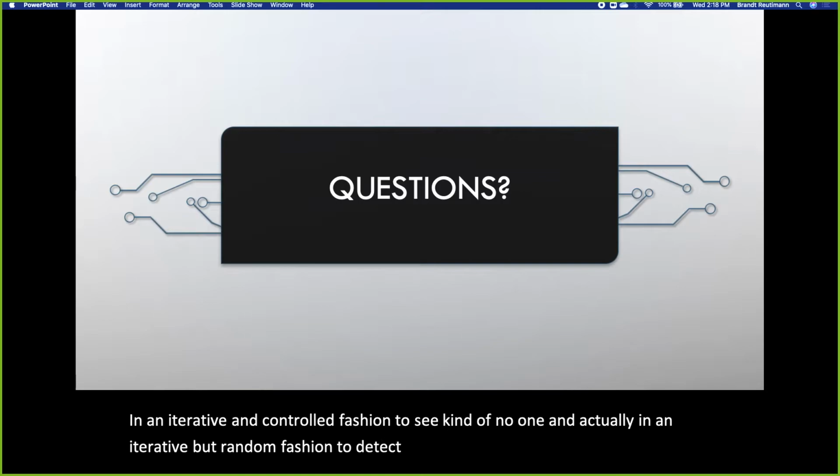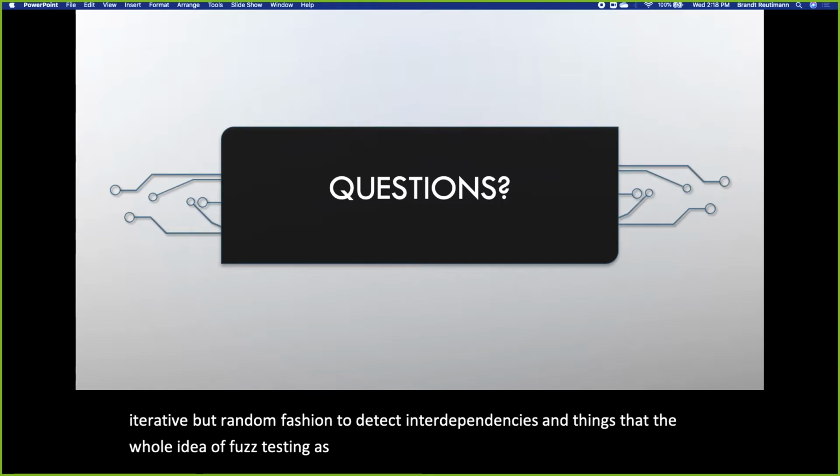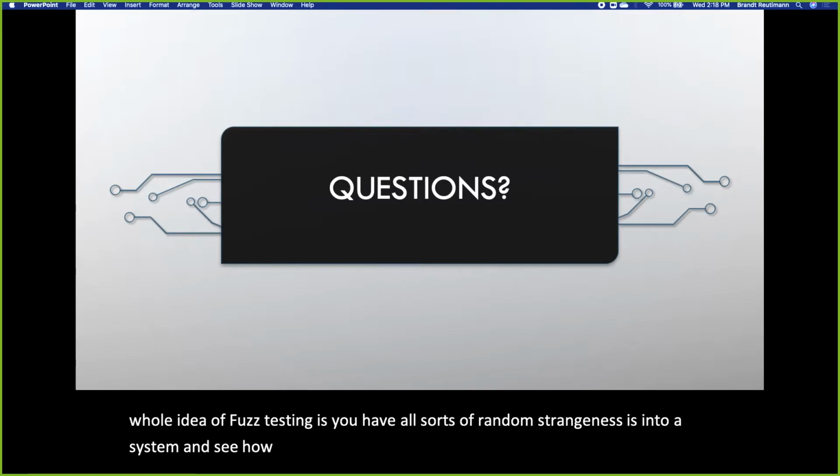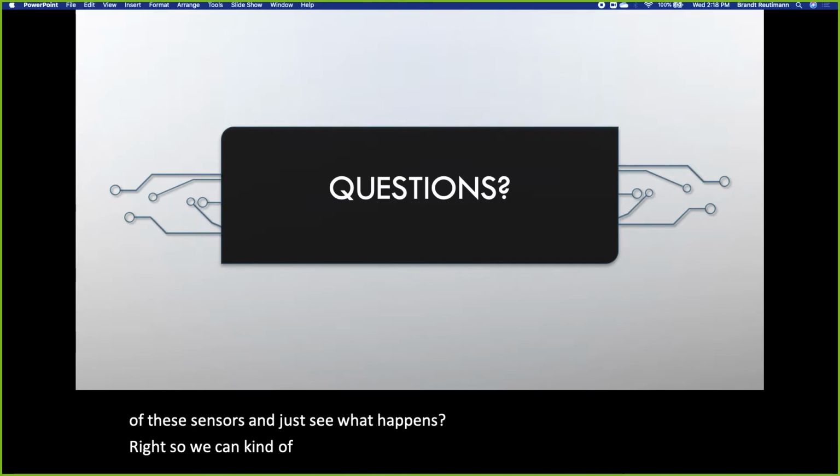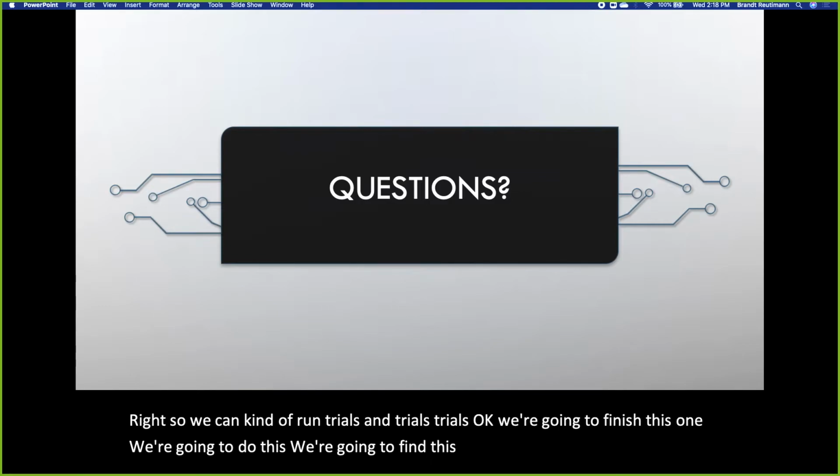That's the whole idea of fuzz testing: you give all sorts of random strangeness to a system and see how it behaves. So can we feed random inputs out of these sensors and just see what happens? We could run trials and trials and trials. We're going to fuzz this one, and this one, and this one, and see what happens. It would definitely be possible.